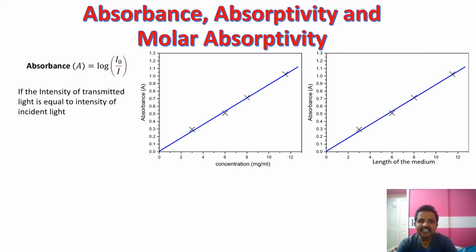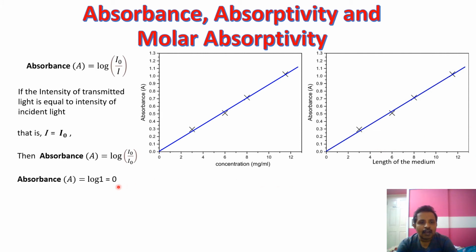If the intensity of transmitted light is equal to the intensity of incident light, that is, I equal to I naught, then absorbance becomes log I naught by I naught, which means absorbance equal to log 1, that is, absorbance is equal to 0.